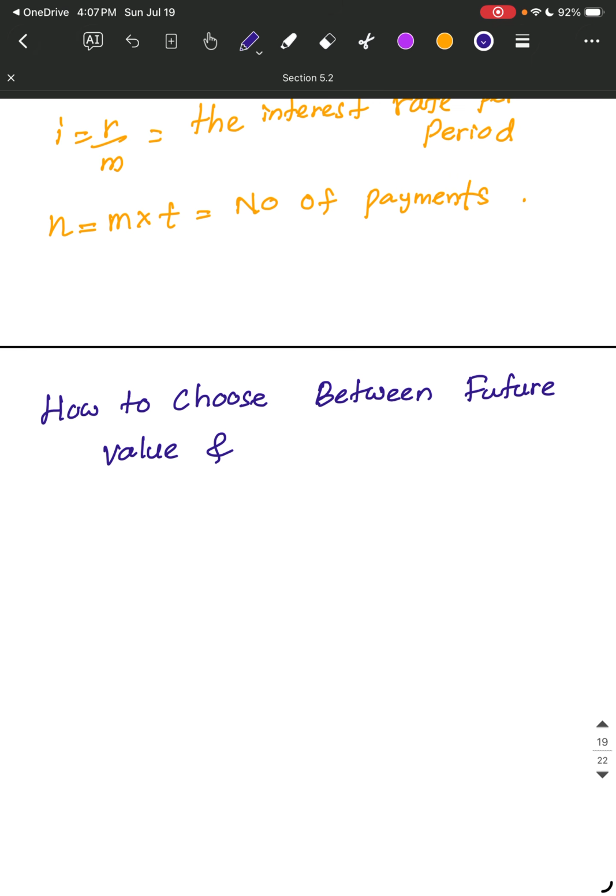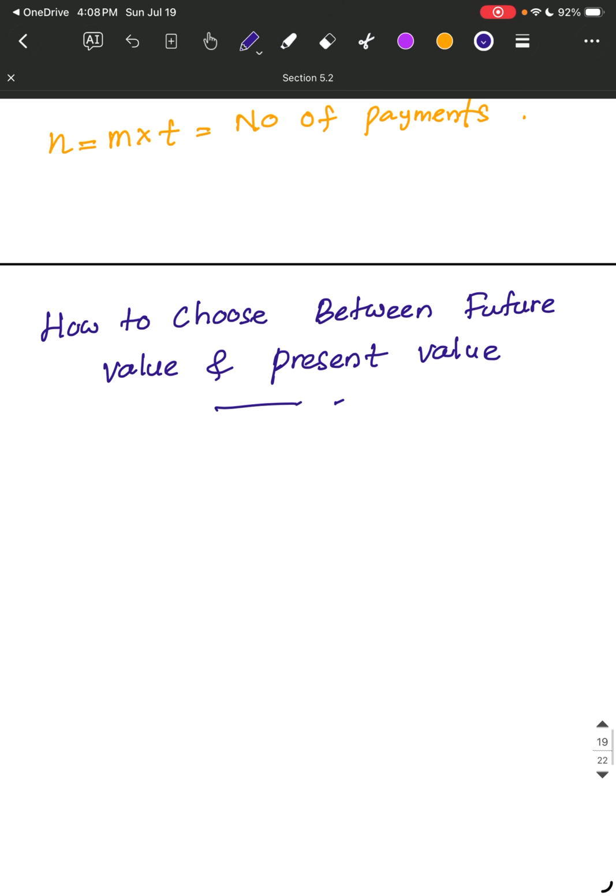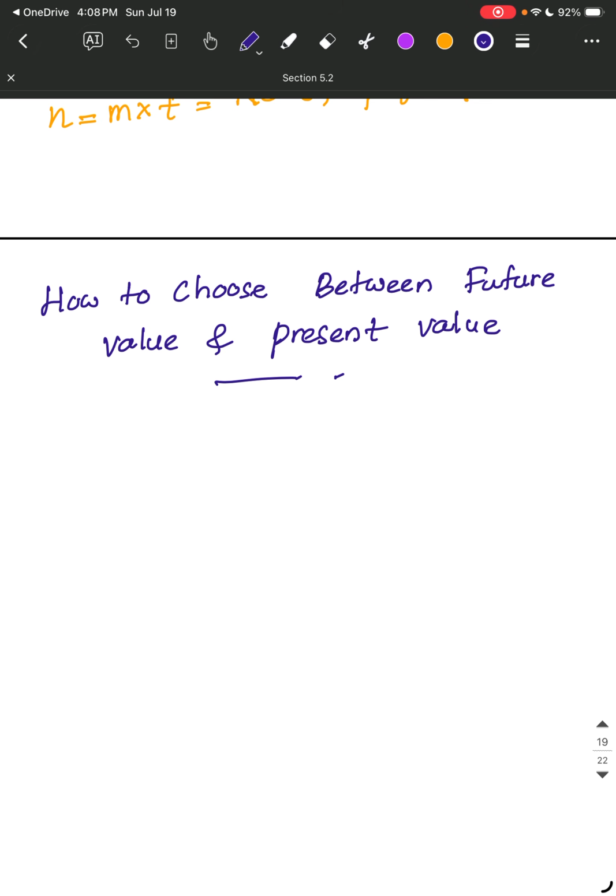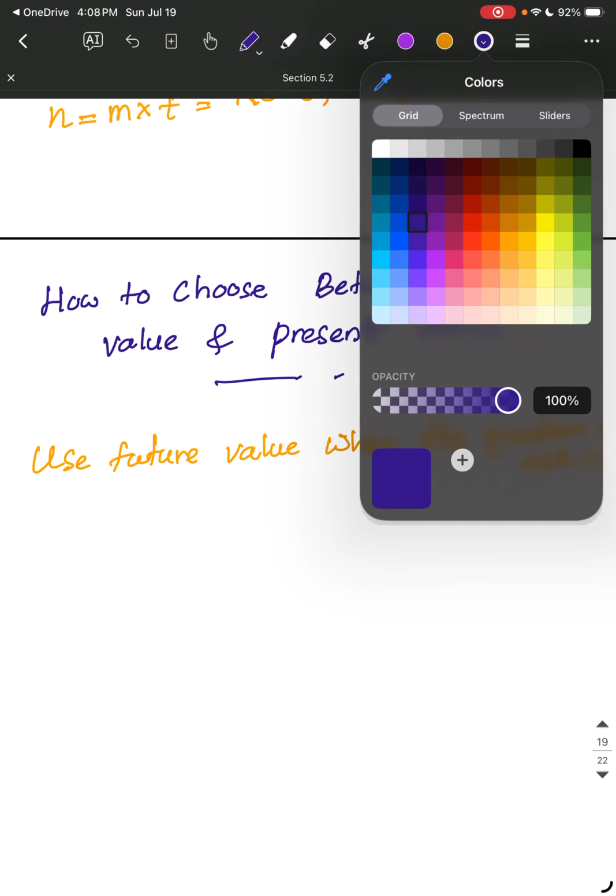So, use future value when the question asks how much will be accumulated.